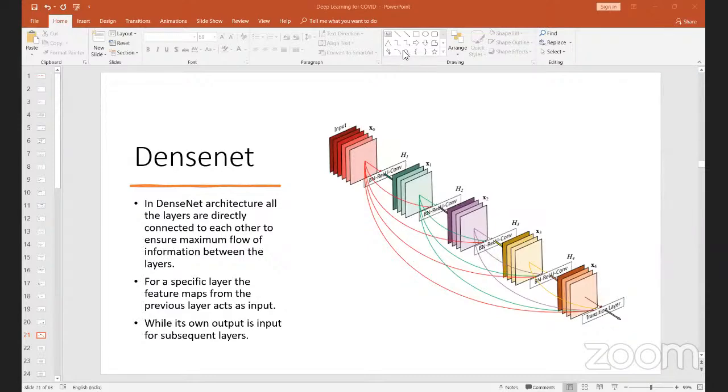Sir, one thing I wanted to know in the CNN. Till the process of pooling, finally you are providing input to the neurons, right?